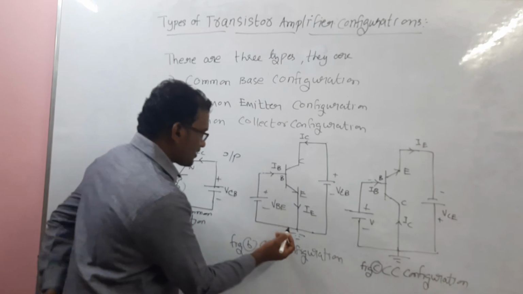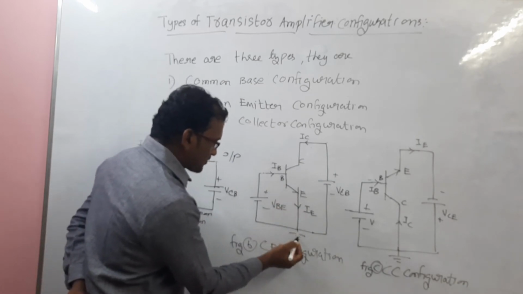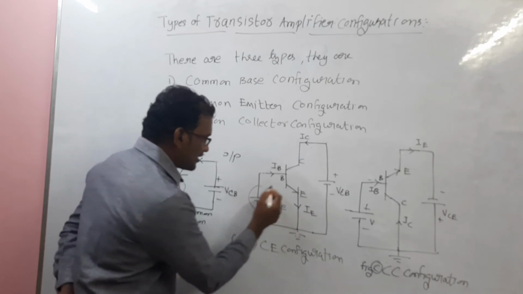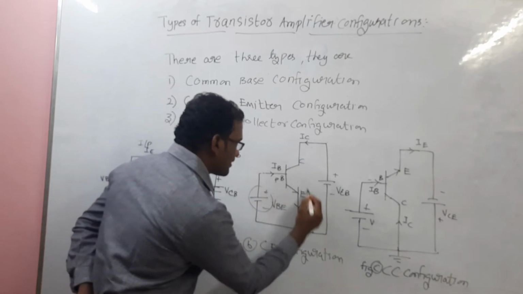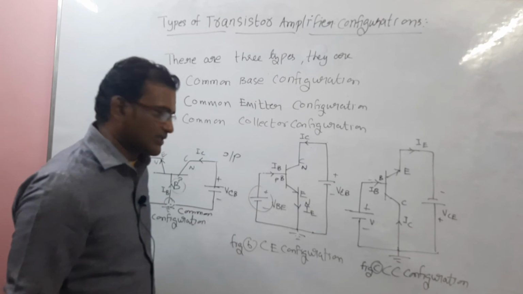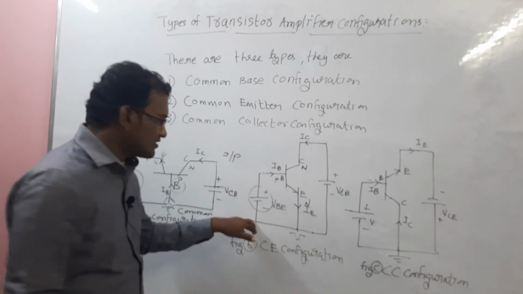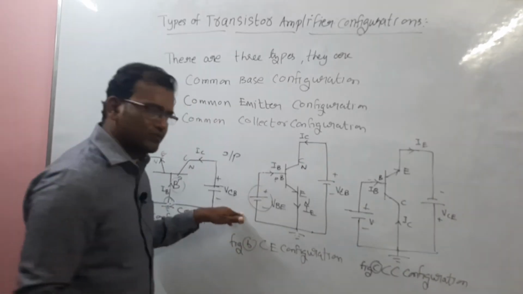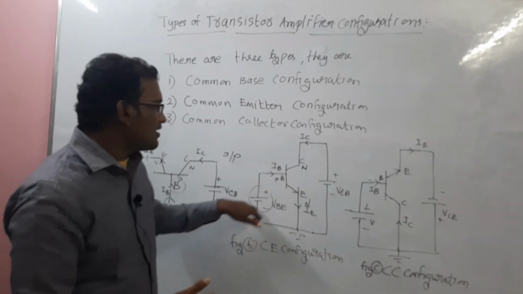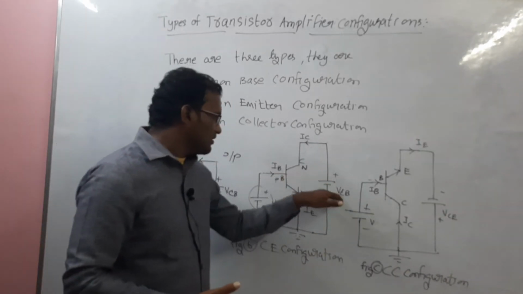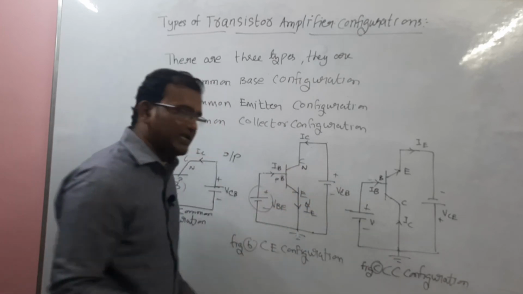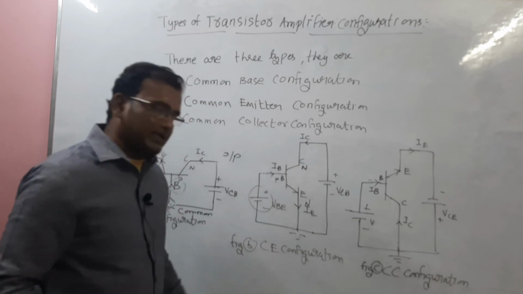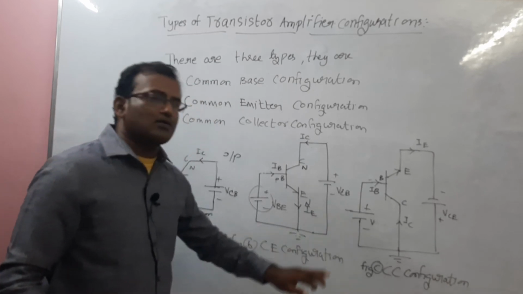Now this emitter is grounded, and the emitter-base junction is P and N in an NPN transistor. Accordingly, the forward-biased junction is P type connected to the positive and N connected to the negative. Then it acts as forward bias, and the other junction is reverse bias. Accordingly, for an NPN transistor you can easily identify the supply voltage. So this is common emitter configuration.